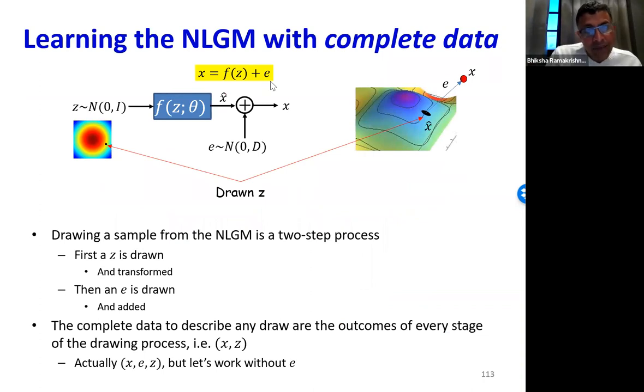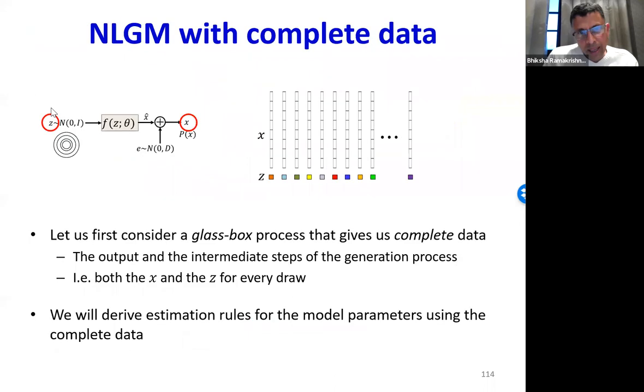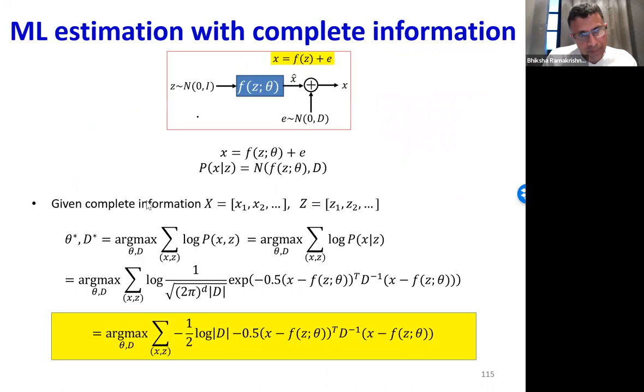If I had the Z for every data instance X, then the complete data are going to be a combination of X and Z. If I have the two, meaning I have X and I have the Z for every data instance, let's see how we can estimate the parameters of this model. This is going to be easy. Z is Gaussian, but it doesn't matter.